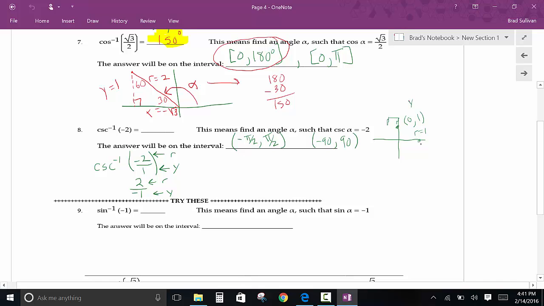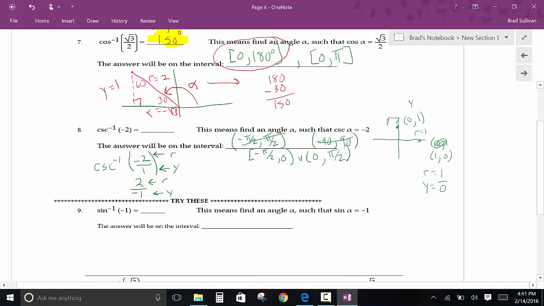So if you looked at the point 1, 0, what you would have is r would be 1, y would be 0, so that means the inverse cosecant is undefined at 0. So what we actually do is we write our interval not this way, but as negative pi over 2 to 0 union 0 to pi over 2 like that.